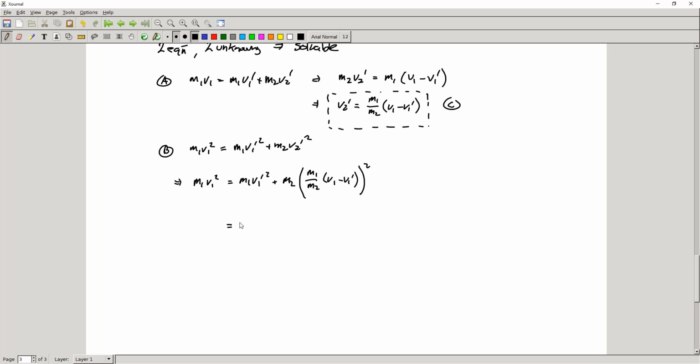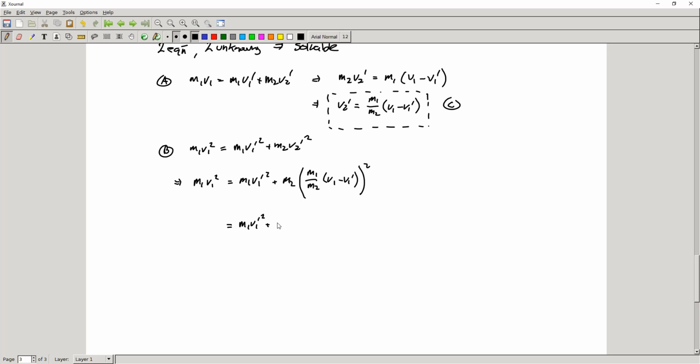If we do that, we end up seeing that we have m1 v1 prime squared plus, and hold on for 1 second, why do I have m2 m1 squared?